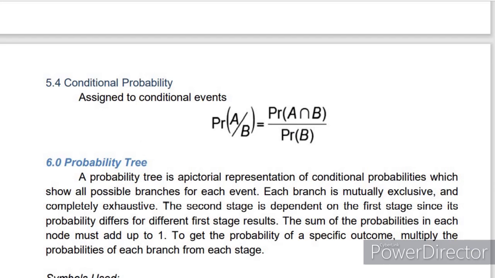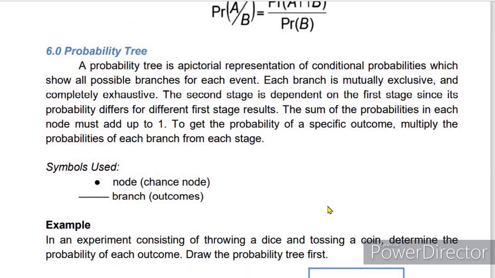So 6.0, probability tree. A probability tree is a pictorial representation of conditional probabilities, which show all possible branches for each event. So this is like the Venn diagram for the sets. Now, for the probability, we have the probability tree. Each branch is mutually exclusive, and completely exhaustive, meaning they are independent to each other. So the second stage is dependent on the first stage, since its probability differs for different first stage results.